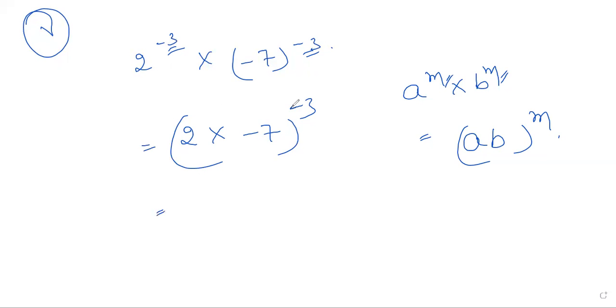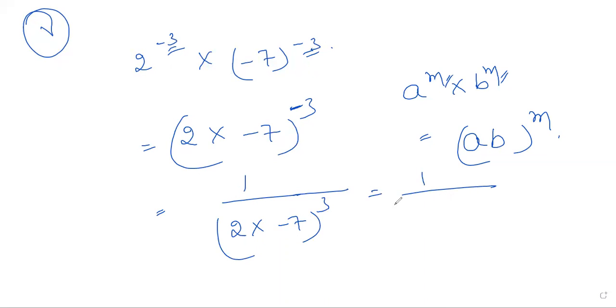Now the exponent is negative, right? So how can you write this? 1 by (2 into minus 7) whole to the power of 3. That is equal to, 2 into minus 7, that is minus 14 whole to the power of 3. This is the answer.